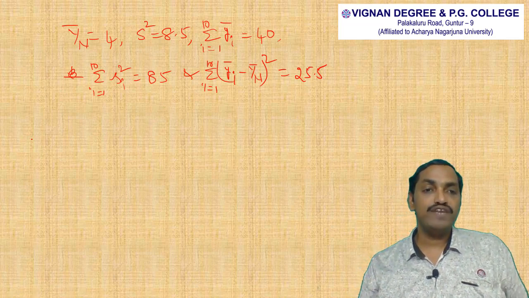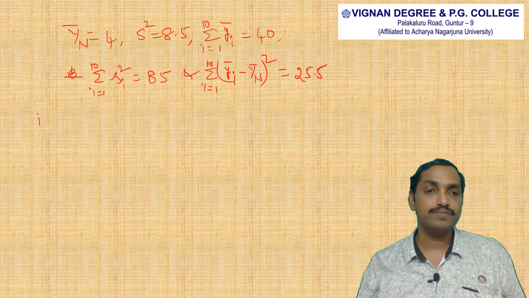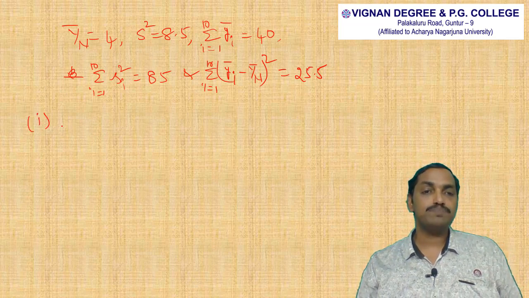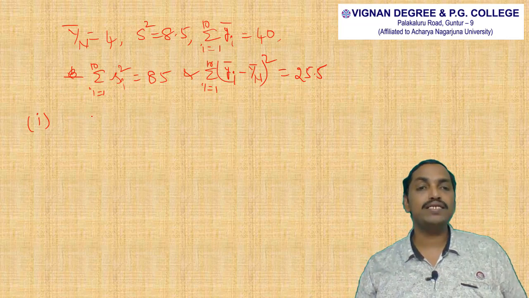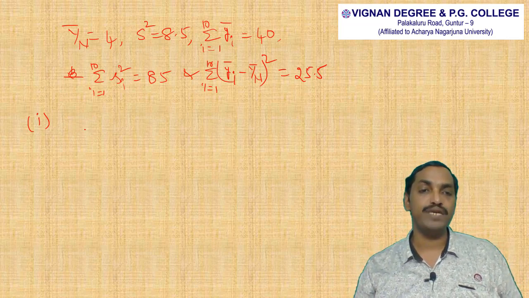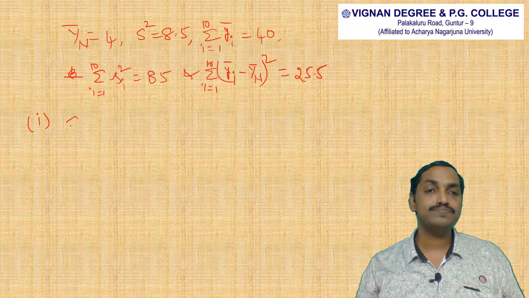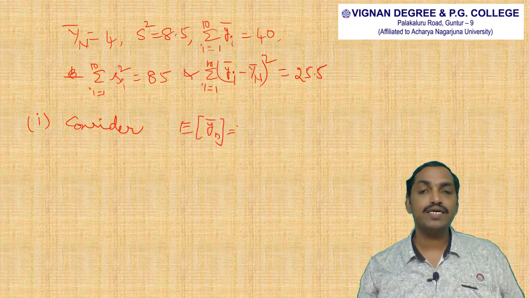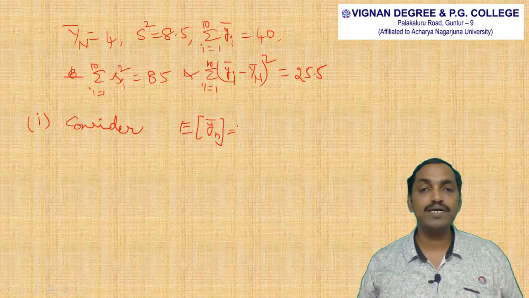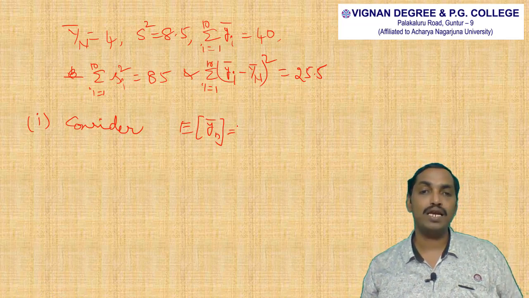Now we need to verify the first one. So in this part, we need to verify the sample mean is an unbiased estimator of the population mean. So consider expected value of small Yn bar. That means expected value of small Yn bar is nothing but the mean of the means.